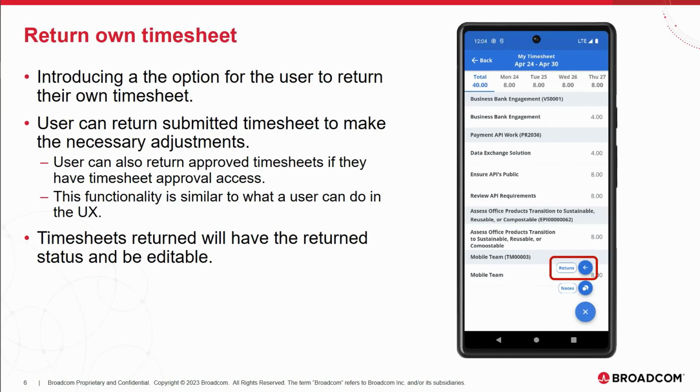Now they can do that by essentially using the floating menu option as shown on the screen, which is the return. The user can return their timesheets that have been submitted, and if they have approval access, then they can also return approved timesheet. This functionality is similar to what a user can do within the UX. The timesheets return will then automatically have the status set to return, and it will be editable.